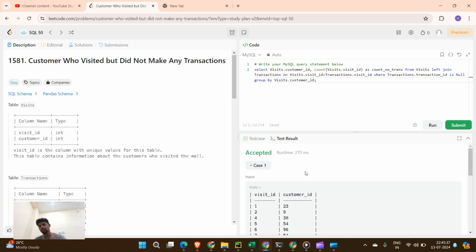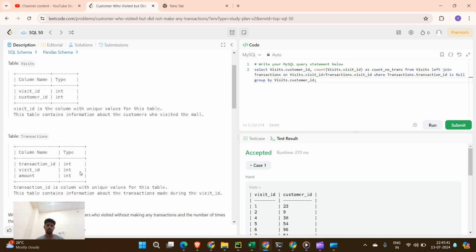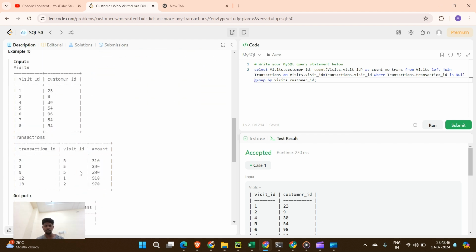Actually, we have to group by the customer ID, not the visit ID or transaction ID. That's the mistake we made, and that's why we got the error. Group based on the customers. If you submit this, it will be sorted.